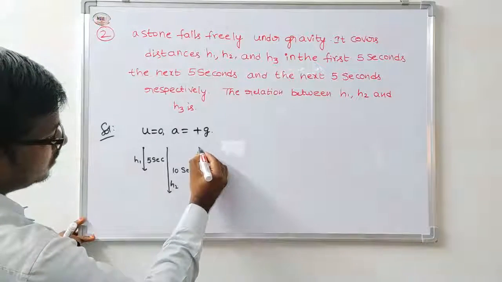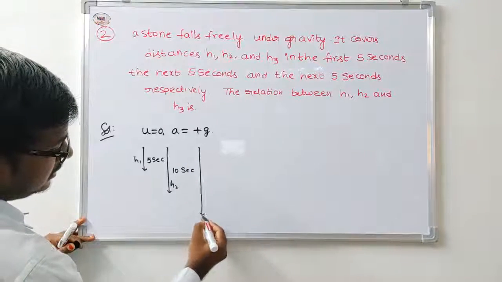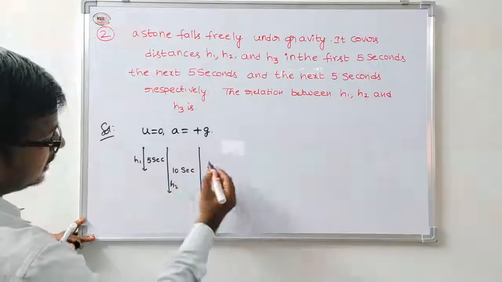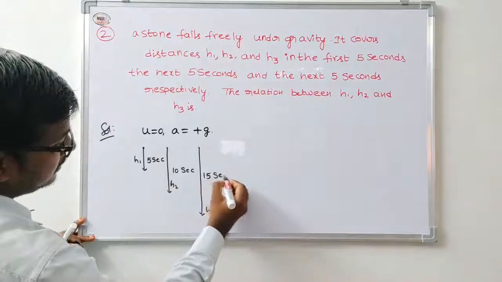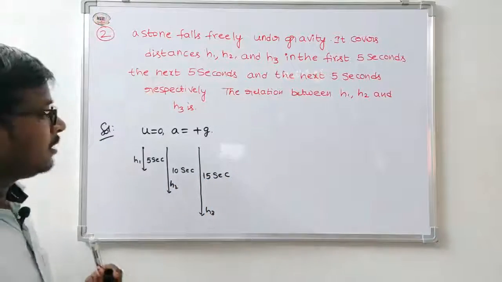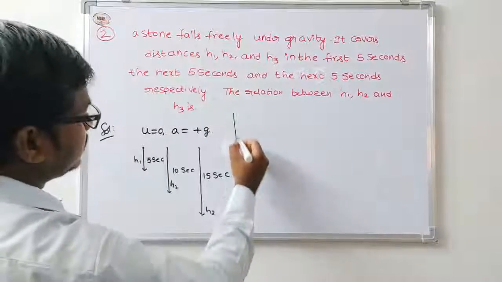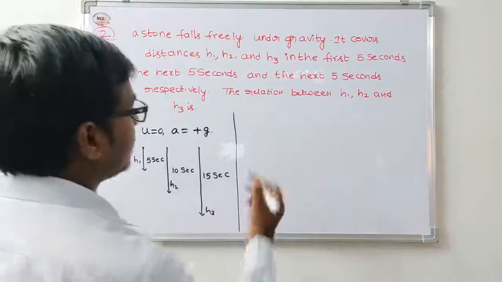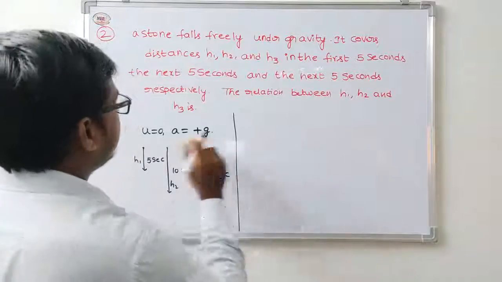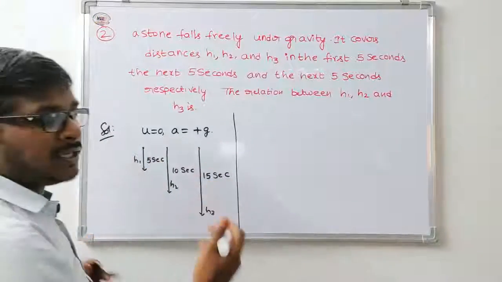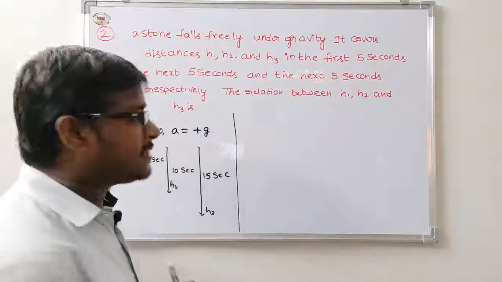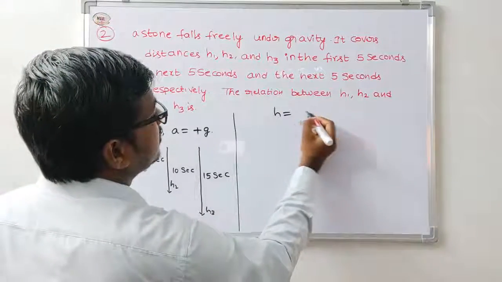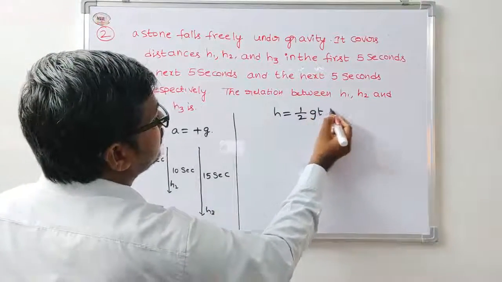The next distance covered, h3, 10 plus 5, 15 seconds. According to the kinematic second equation, s is equal to ut plus half at square. Substituting u and a, h is equal to half gt square.